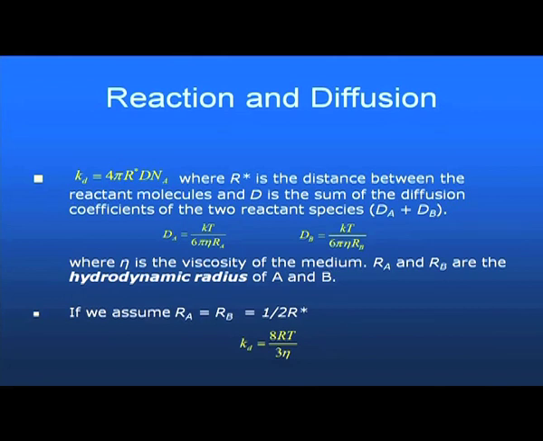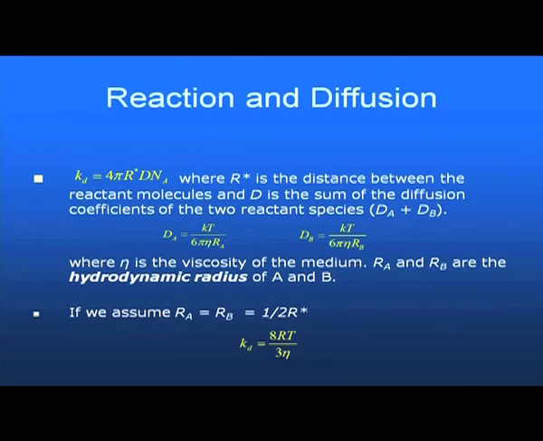Where DA is kBT divided by 6 pi eta Ra, DB is similarly kBT divided by 6 pi eta Rb, where eta is the viscosity of the medium, Ra, Rb are the hydrodynamic radii of A and B. And if we assume that Ra is equal to Rb is equal to half r star, the distance between the reactant molecules, then your Kd will be 8RT by 3 eta.